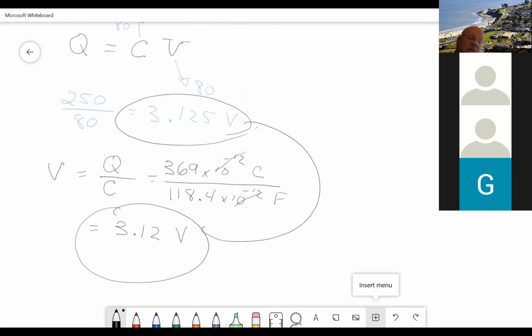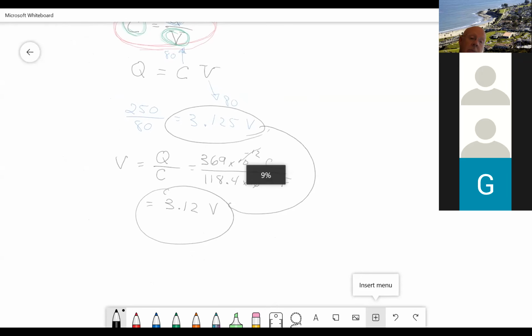Although, like I said, just dividing by 80 would have been a lot easier and a lot faster, but nice. And since I did a lot, I should probably just double check what I get for voltage, 3.12. I don't know if anybody looked at the answer to 40 and see if I'm on track, but I will.